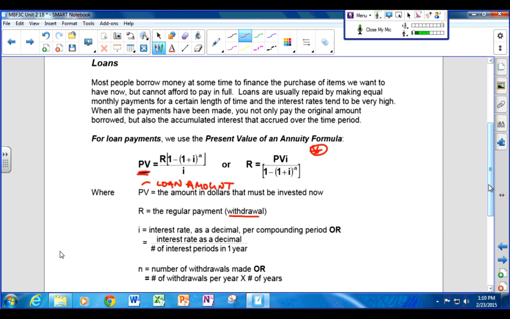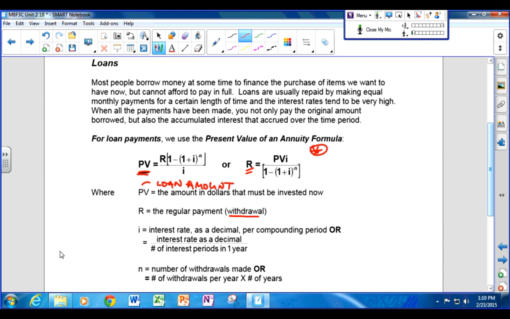Okay, that's when we get old and we want to retire. We use pretty much the same formula, but the difference is that the bank pays us rather than we pay a bank.